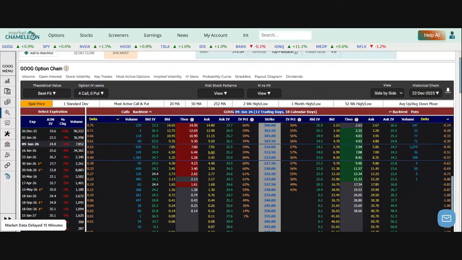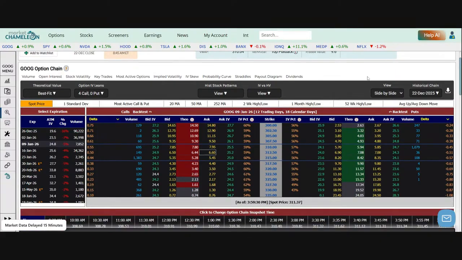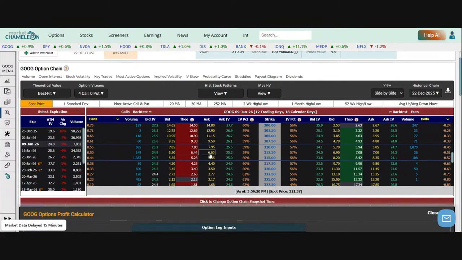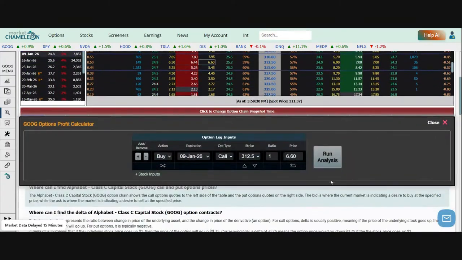And in this example, we're going to look at two different ways. Let's just click on this option, let's say 660. I'm going to click on the offer. It brings up this ticket: January 6th call, 312.5, and we're looking at the price of 660.